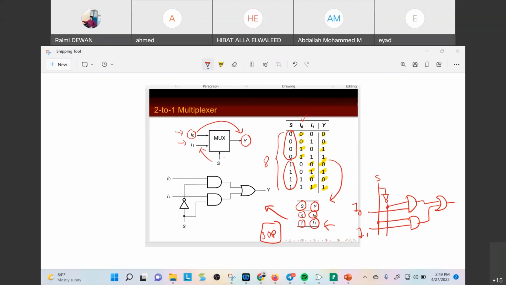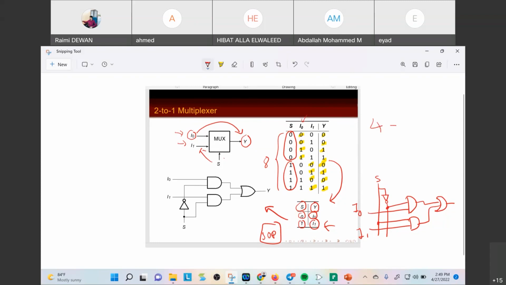So this can be translated to a much bigger multiplexer, for example a 4 to 2 multiplexer. The way that we name the multiplexer, this is one of the ways of naming: 4 to 2. Then there are other namings. If you go to the module page, those who have the module may refer to your module page number.